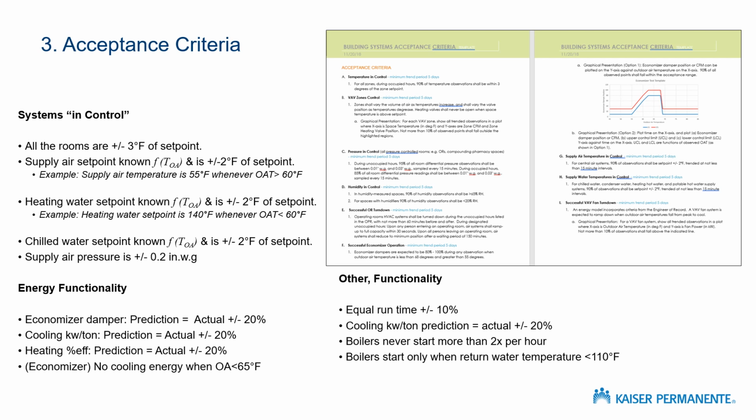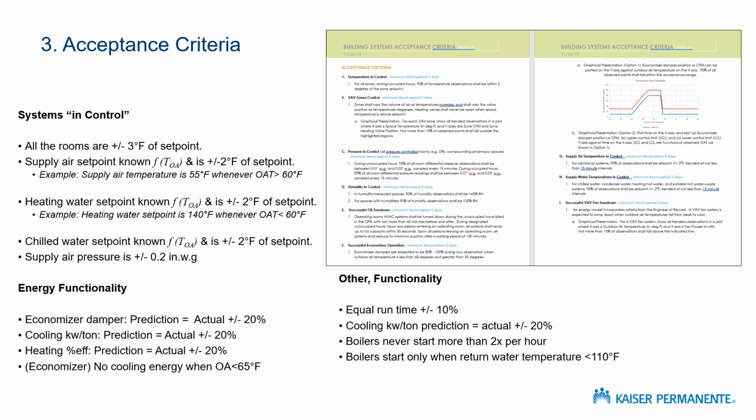The next set of acceptance criteria, again, that need to be numeric, have to do with energy functionality. When we design economizers, we need to state what the predicted position of the economizer is for every condition of outside air, and then we need to go measure it and make sure that that economizer damper actually is where it is supposed to be. And on cooling plants or rooftop package units, we do have a predicted kW that we should see during each load condition.